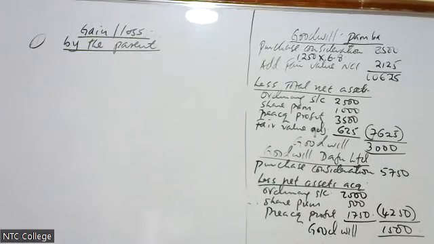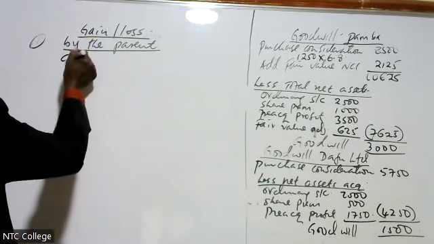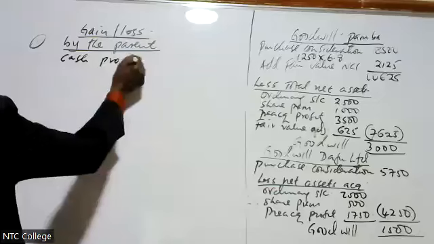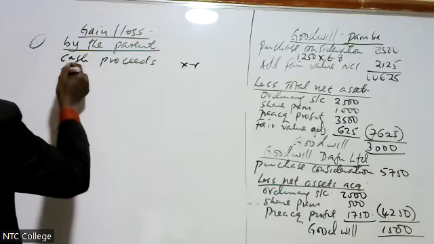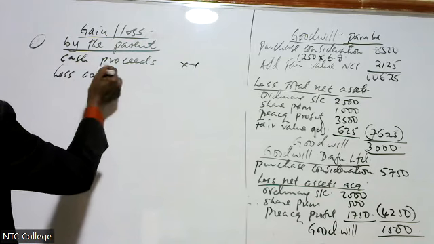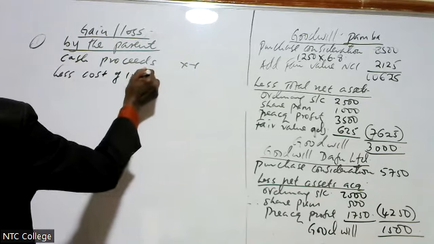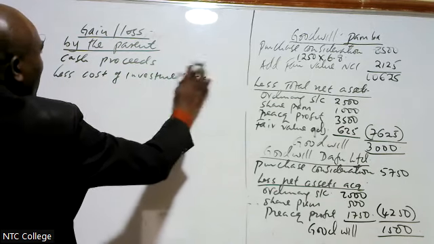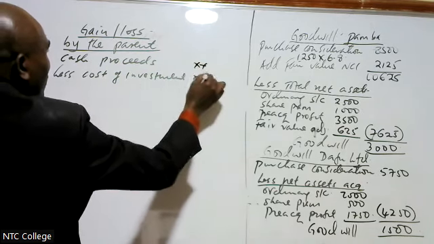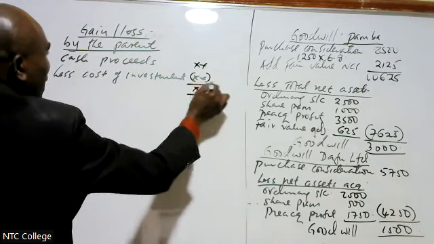How do you get that? We take the cash proceeds, you come to less the cost of investment, then we get the gain.